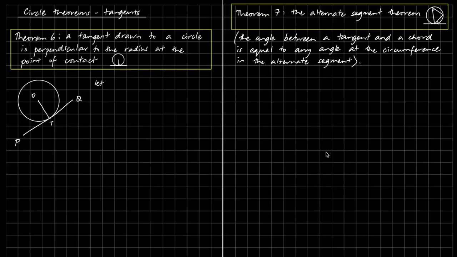Right, so let's set this up by saying we've got T is the point of contact of the tangent PQ with the circle. And so what that means is that we said OT is a radius, isn't it?